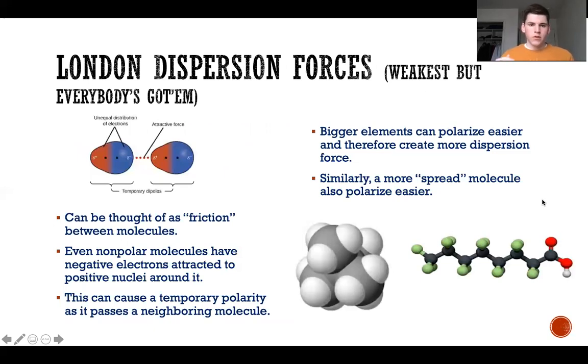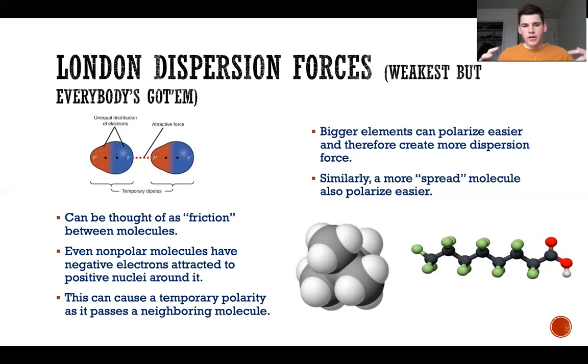So if we start with our weakest one, London dispersion forces, you can see I even put up top, it's weakest, but everybody's got them. I like to think of it sometimes as friction between molecules. That just helps in my brain when I'm thinking about it. But this shows that even nonpolar molecules have a small bit of attraction. There's still a positive nucleus in the center of each atom and negative electrons around.